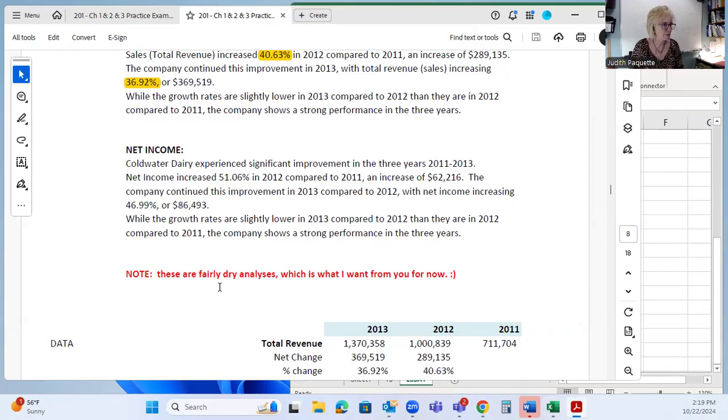So that's good news. It's a very dry analysis, I get it, but I want to get you thinking in terms of calculating growth rate and recognizing a trend. Obviously with net income and net sales, we want that trend to improve and go up. That is pretty much it for test review.